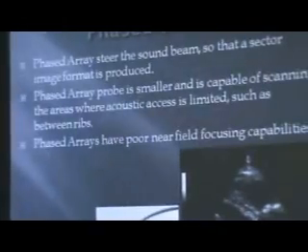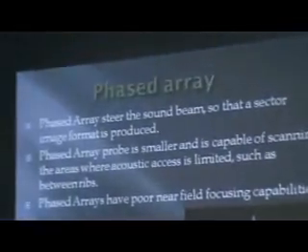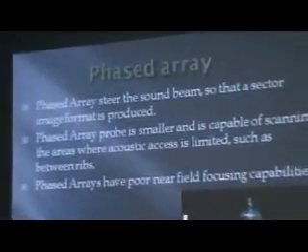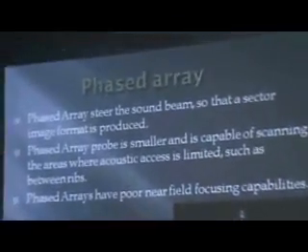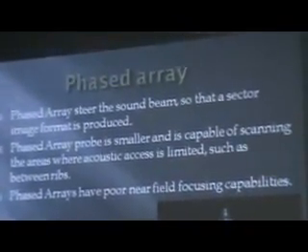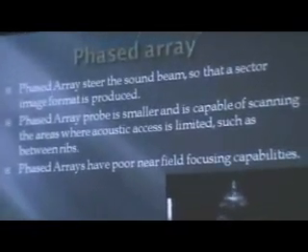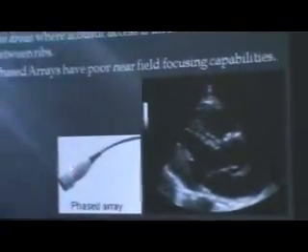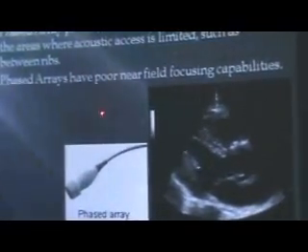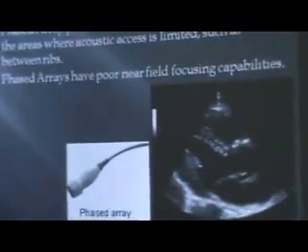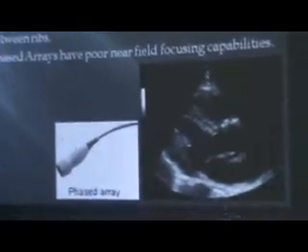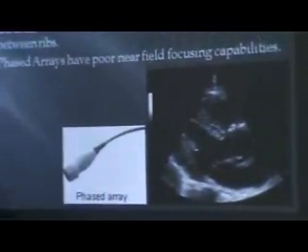As you see here, this is the phased array or sector probe, which steers the beam so that a sector image is produced. The surface of the probe which is in contact with the patient is smaller, so it is used for areas which have limited soft tissue access, as while doing echocardiography we have to put the probe in between the ribs.